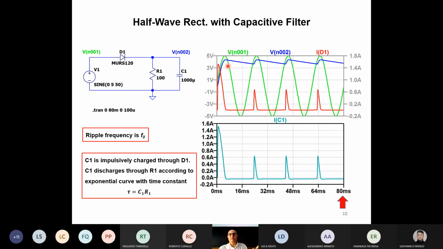We remember that we have a pulse of current and a pulse of voltage every input cycle, because only the positive half wave gives a contribution to charging the capacitor. So, for instance, here I have 4 ripple periods in 80 milliseconds. That's why I placed this arrow here. In the next picture, this number will be 40. Now we'll see.